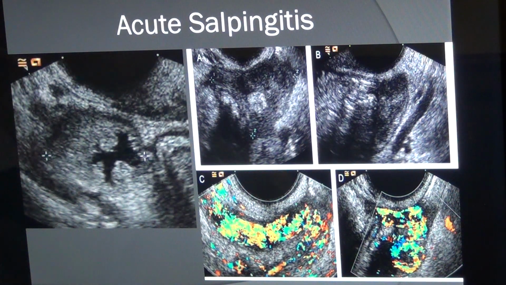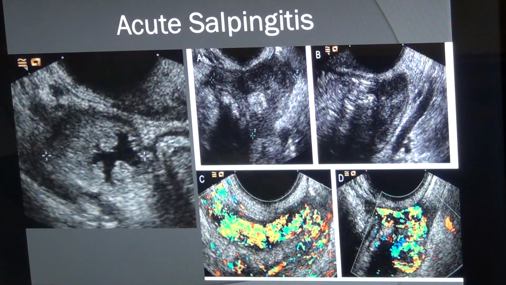or it looks like a complex mass, because when it is inflamed, it causes a lot of adhesion with the adnexal tissue and the ovaries. And with the ovary, with the adnexal soft tissues and the fallopian tube, and with its complex heterogeneous appearance, it looks like a tubo-ovarian abscess.